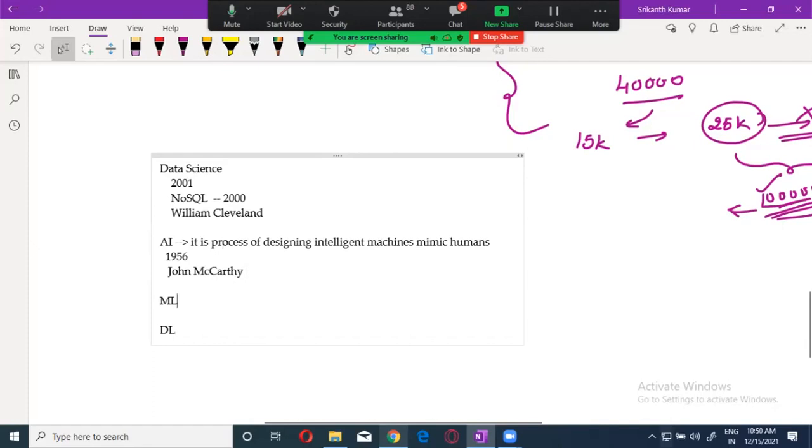Now when it comes to ML, that is machine learning, it came into existence in 1959. Again, a gentleman called Arthur Samuel, according to him, machine learning is a machine which can learn by itself.